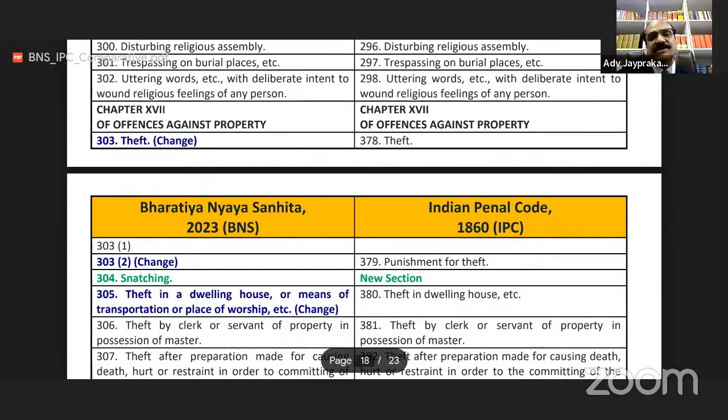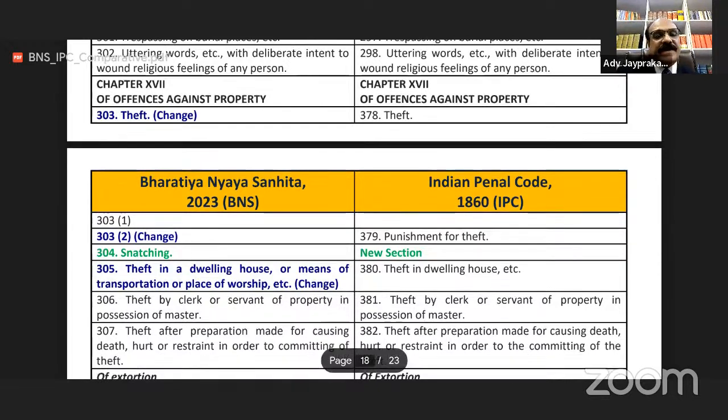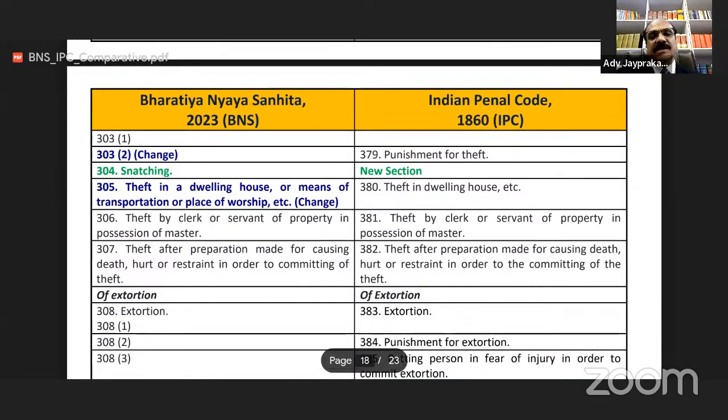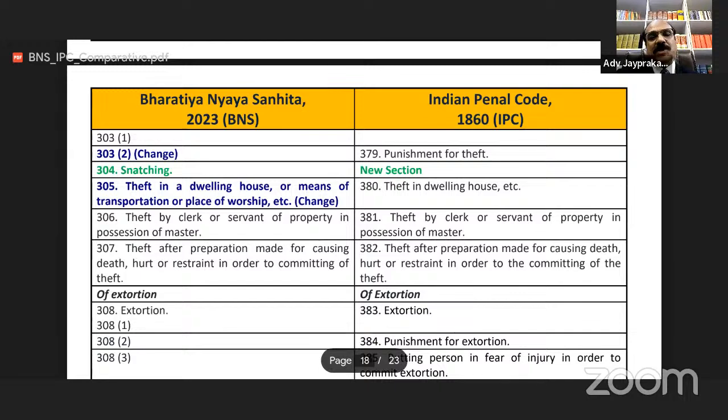Its earlier section in IPC was 378. BNS section 303(1). BNS section 303(2) is related to punishment for theft. Earlier its section was 379. One section has recently been newly added in BNS which was not in IPC.